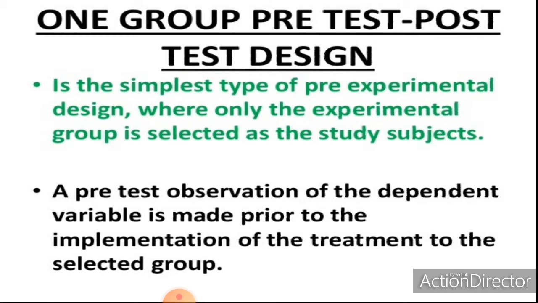So in this research design, a pre-test observation of the dependent variable is made prior to the implementation of the treatment to the selected group. Then after that a treatment is given, and after giving the treatment a post-test is conducted.